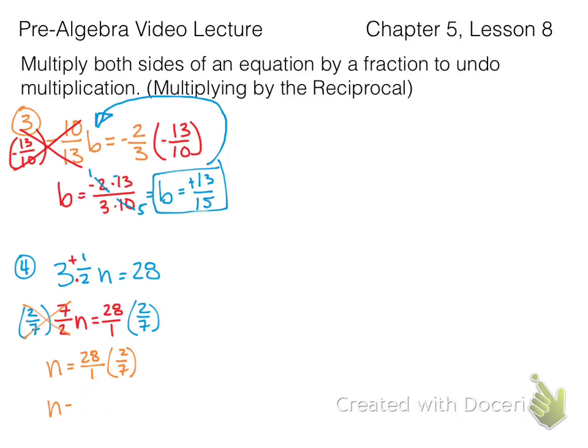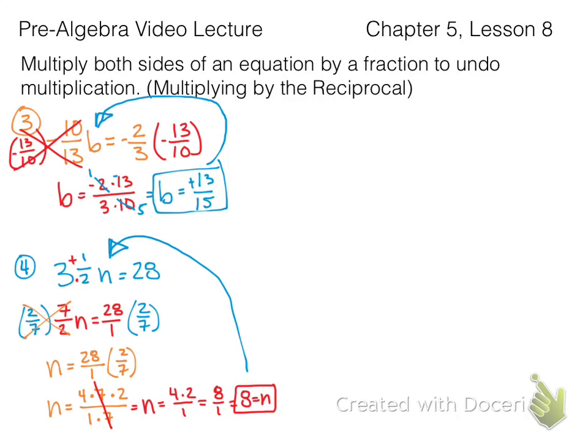I can break 28 down into 4 times 7 times 2, so that I can easily show you that the 7s cancel out. I'm going to end up with 4 times 2 over 1. Well, that's just 8. And again, you can always throw your answer back in to check your work.